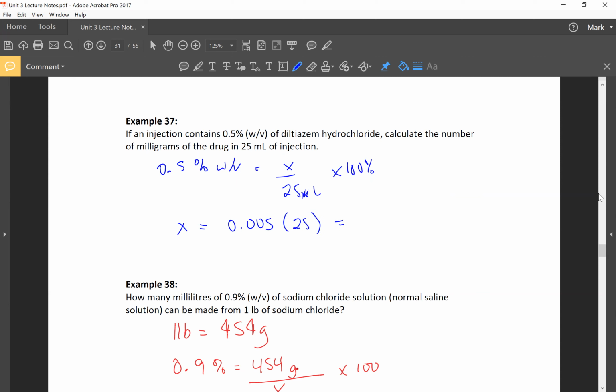Then we would get my answer. So I get 0.125 grams, and it says calculate the number of milligrams. So I multiply it by 1,000. And I would get 125 milligrams.